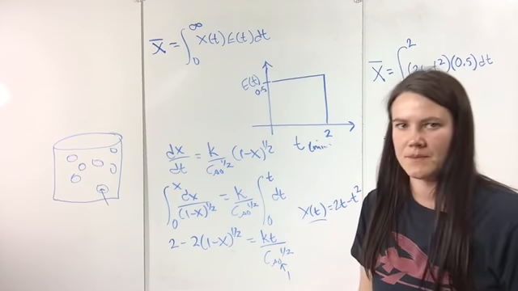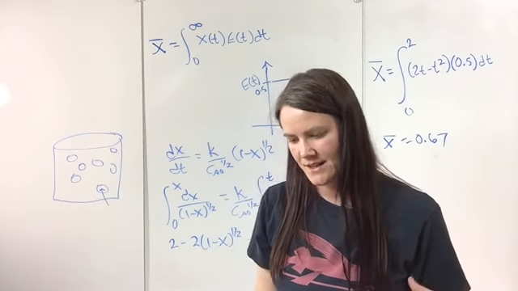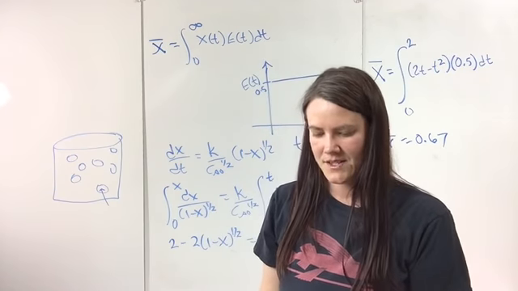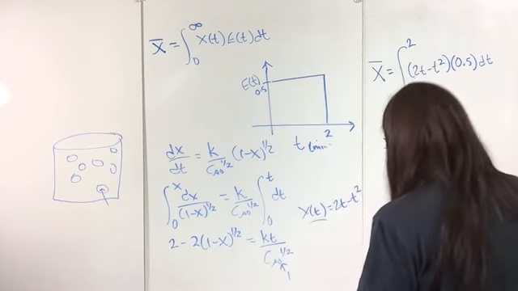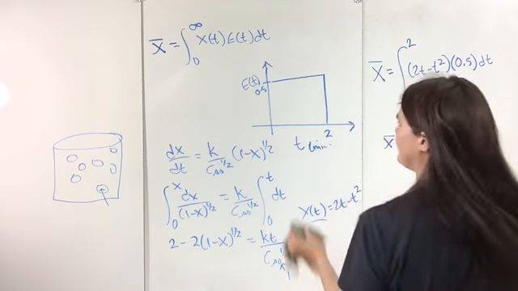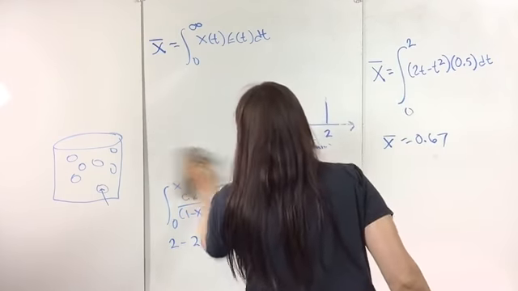And then there's just some other things that you could potentially look at in Chapter 13. There's the mean residence time.